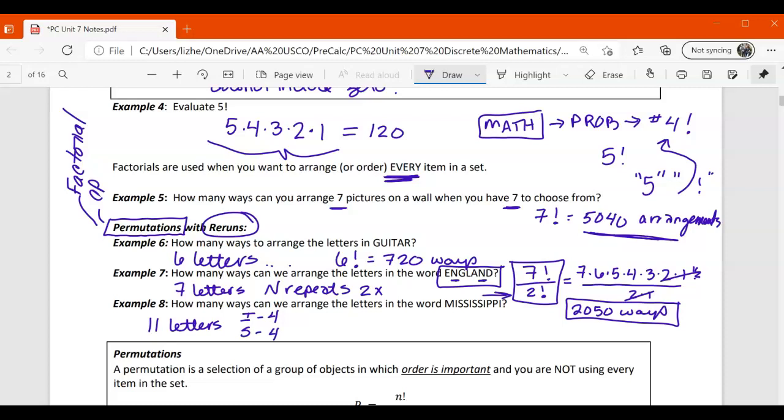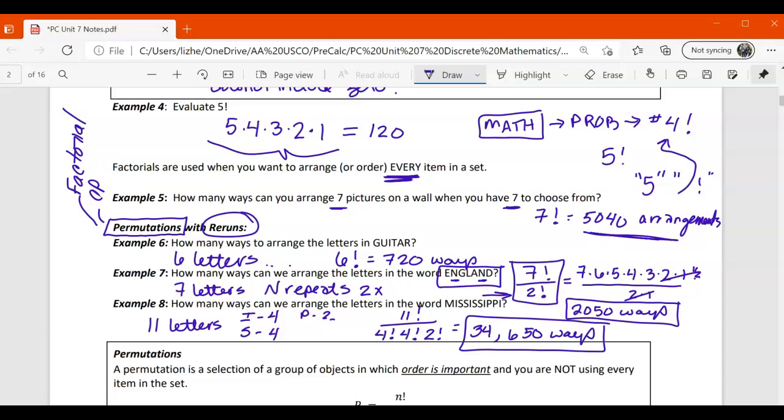We have the P repeating 2 times. So therefore we set this up as 11 factorial divided by, we need a 4 factorial taken out for the I, another 4 factorial taken out for the S, and then a 2 factorial taken out. And you set that up, put it in your calculator, you get 34,650 ways to arrange those letters.